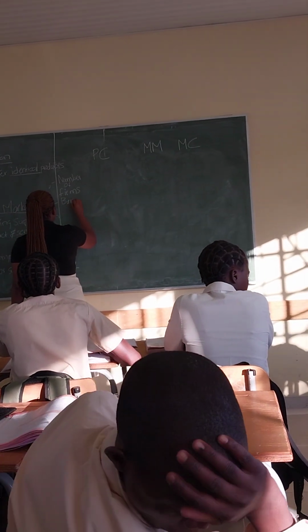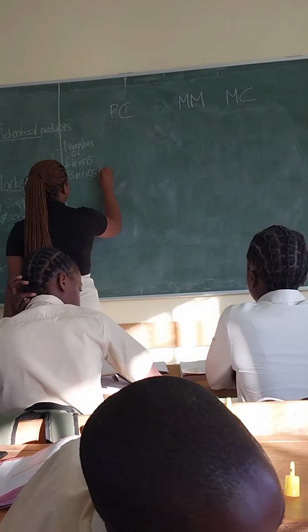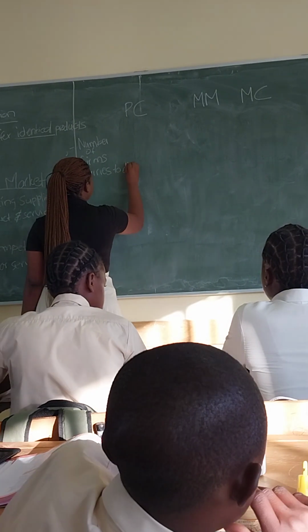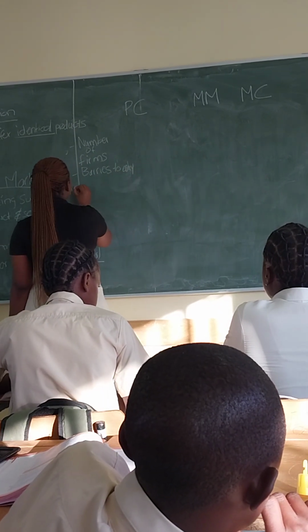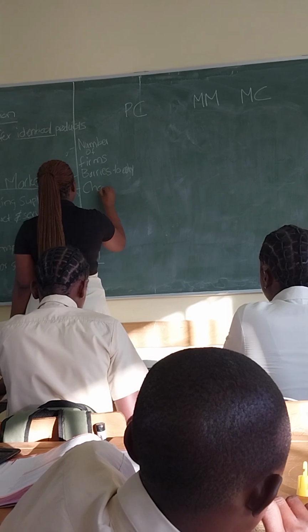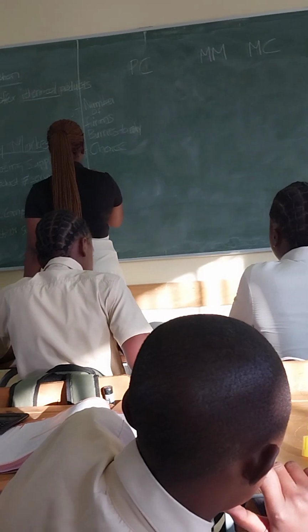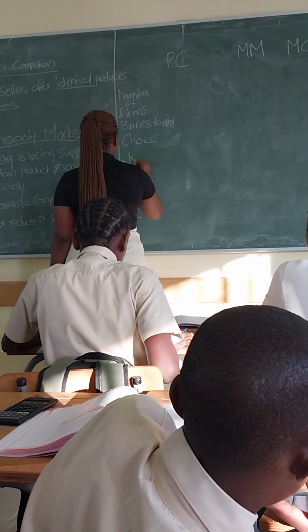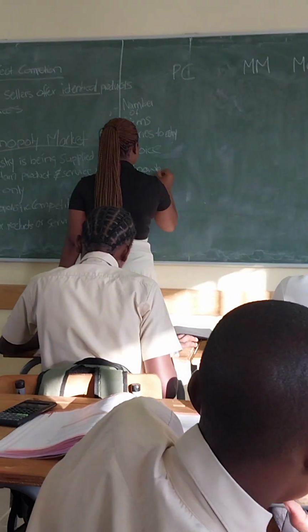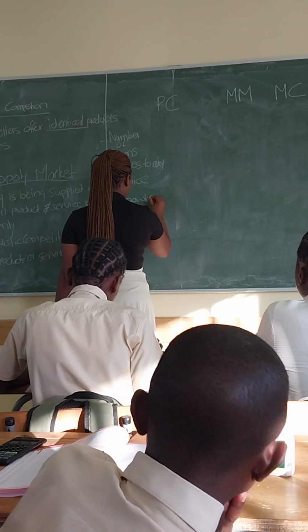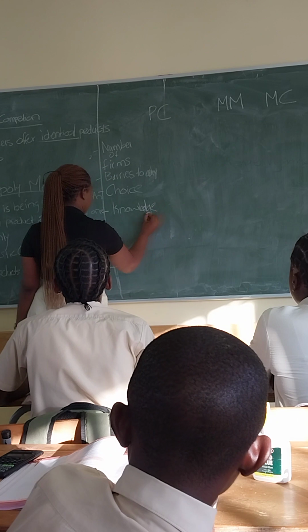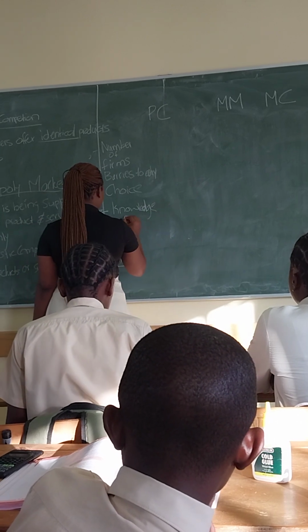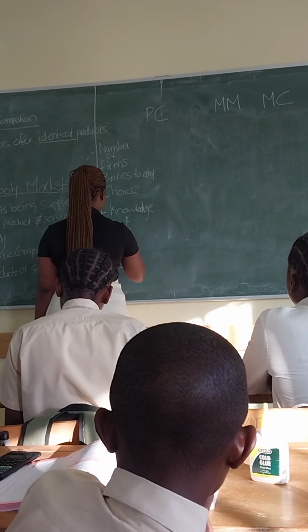Barriers to entry, yes, correct, thank you. What else? We have choice, right? What else do we have? Knowledge. Is this how we spell knowledge? Am I correct? Yes. Knowledge and information.